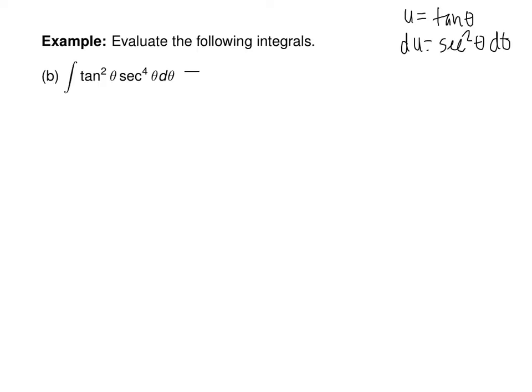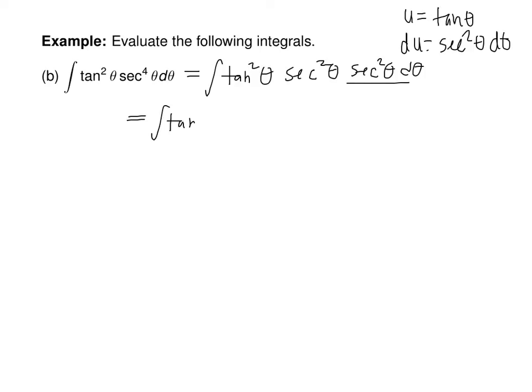So this integral is the same thing as tangent squared theta times secant squared theta times secant squared theta d theta. And that last part's going to be saved for your du. So we have tangent squared theta. Now secant squared is tangent squared theta plus 1, times secant squared theta d theta.